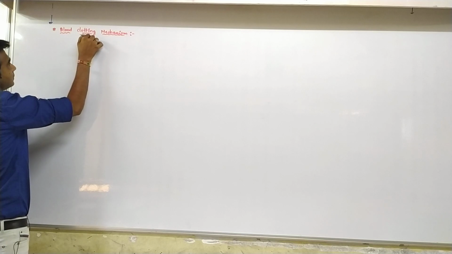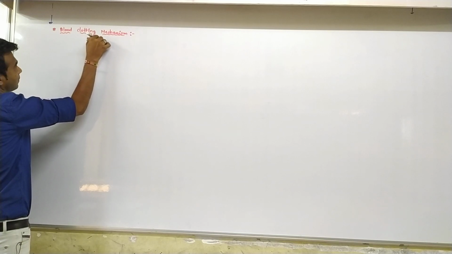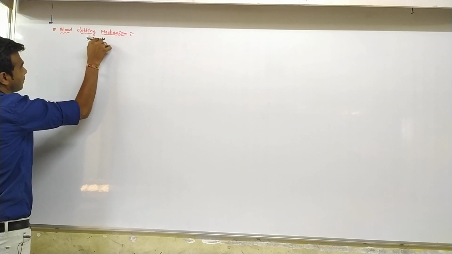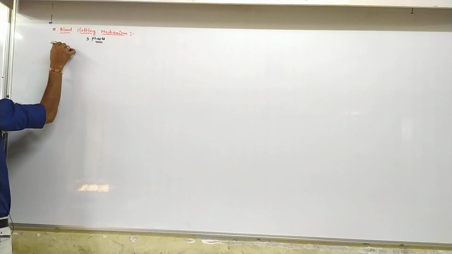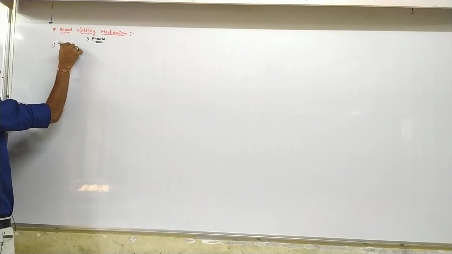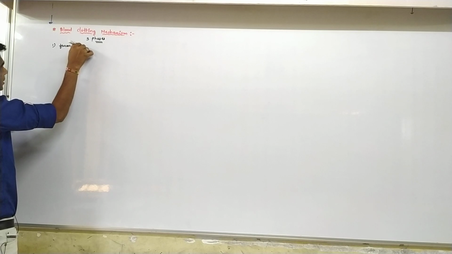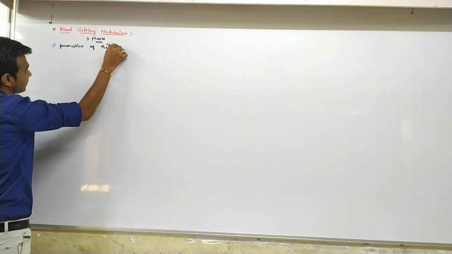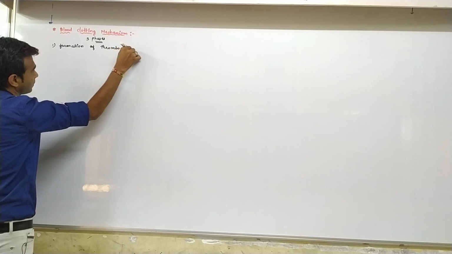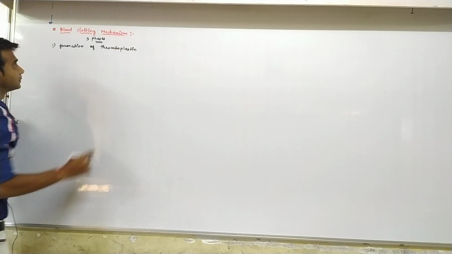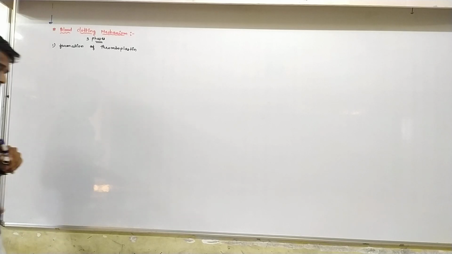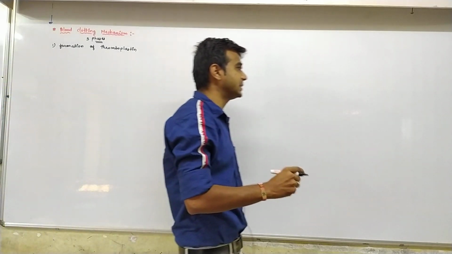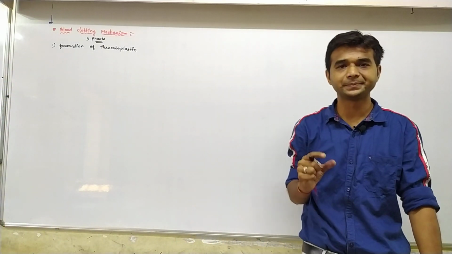It is in three phases. First, formation of thromboplastin. Actually, the blood clotting mechanism is in a sequential manner.